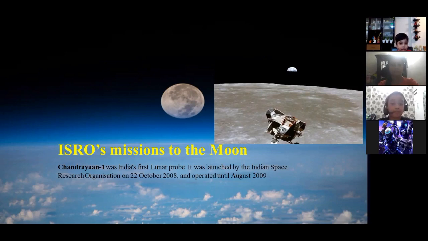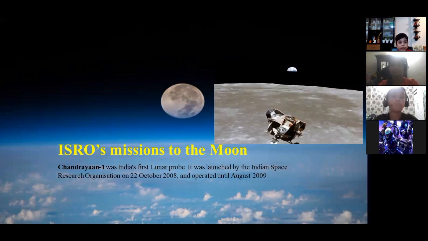Next, ISRO's missions to the moon. Chandrayaan-1 was India's first lunar probe. It was launched by the Indian Space Research Organisation on 22nd October 2008 and operated until August 2009. The mission included a lunar orbiter and an impactor.